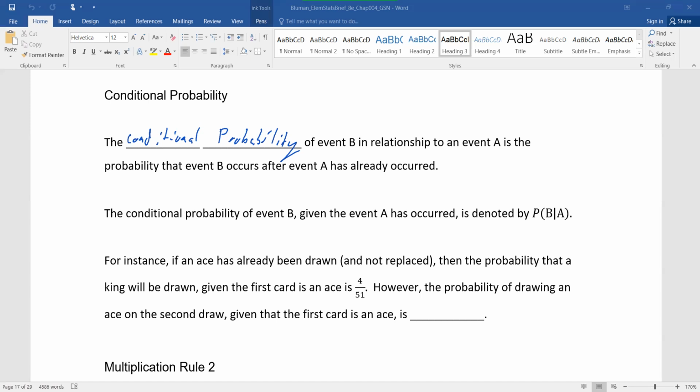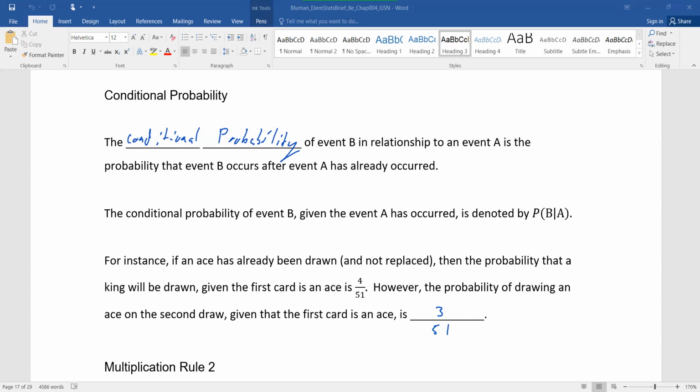And then since that event happened, picking up a king would now be 4 out of 51 because we know that we got an ace. So that means there's only 51 cards remaining. However, the probability of drawing an ace on the second, given the first card is an ace, is what? 3 out of 51. If we know an ace was chosen and we're trying to get an ace again, then we only have 3 aces left, but still 51 cards.